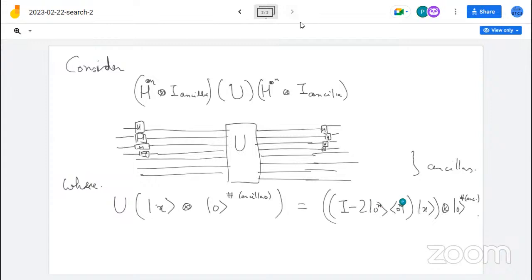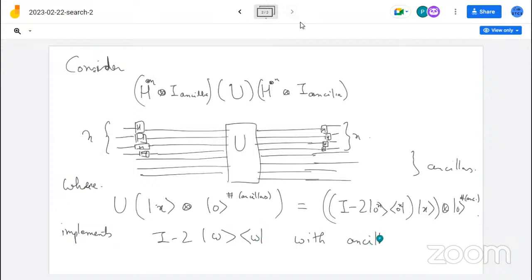And it's also n. So I claim this implements I minus 2 W W dagger with ancillas.